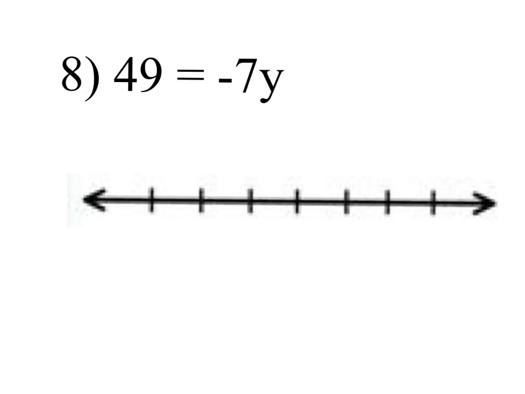Okay, so 49 equals negative 7y. Negative 7 and y are multiplying, so the opposite is to divide. So y equals negative 7. So we are going to have negative 5, negative 6, negative 7. We're going to have a closed dot on that.